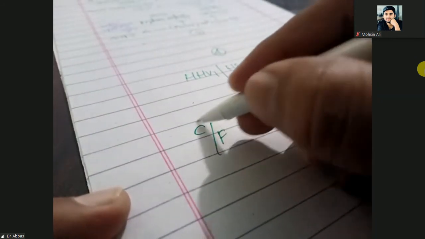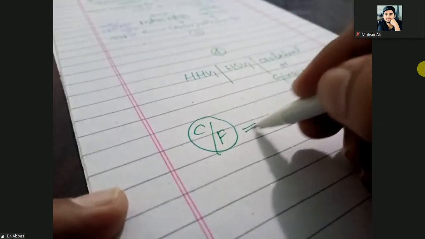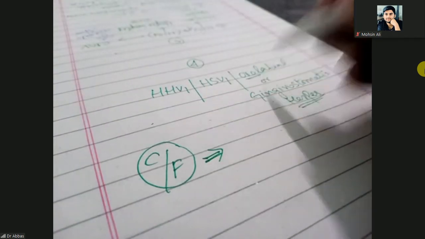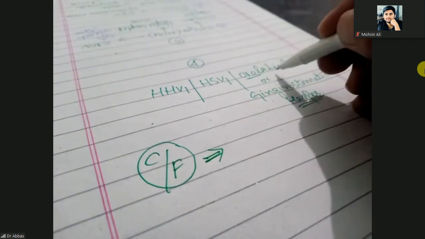So let's discuss what are the clinical presentation, the diagnosis, the investigation, and the treatment. So the clinical presentation, clinical features of this virus, HSV1. Oral means the oral cavity, labial means lips.